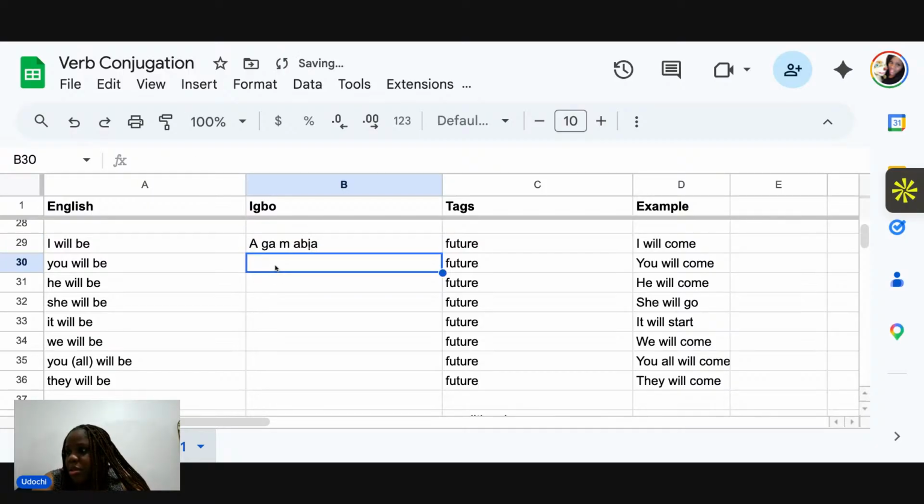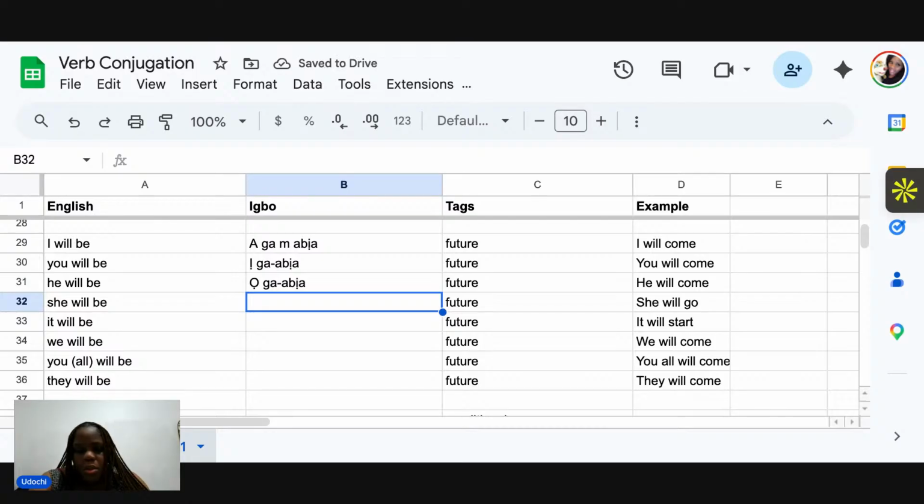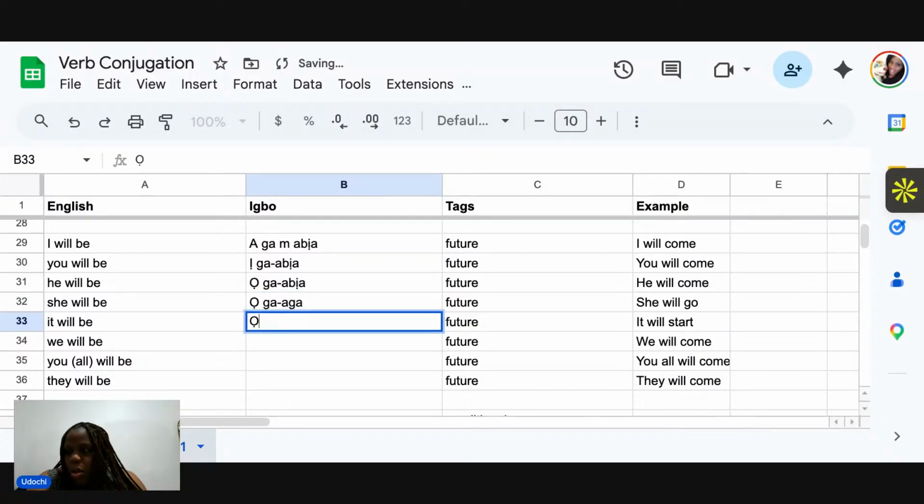You will come. He will come, o gabia. She will go, o gaga. It will start, o gebido.